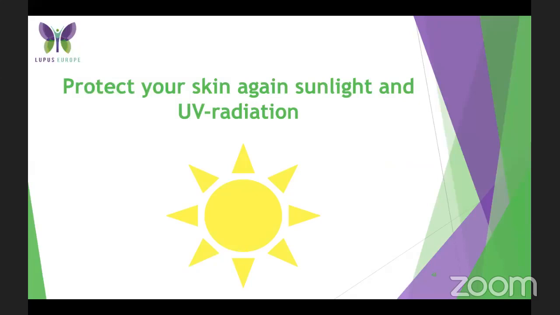The most important measure, and probably all of you know this, is that you should protect your skin against sunlight and against UV radiation. UV radiation is actually radiation which is in sunlight. Next slide, please.